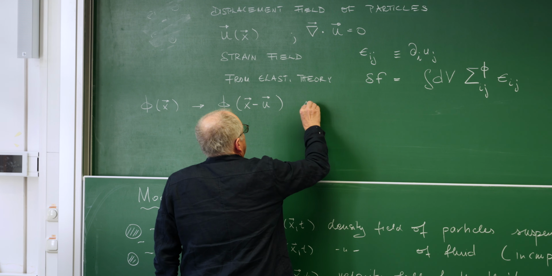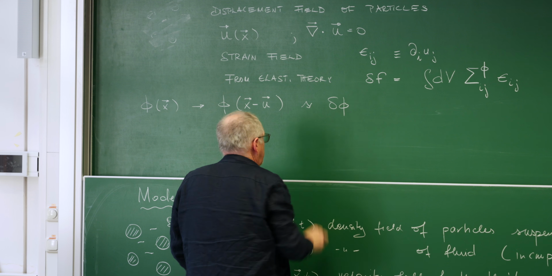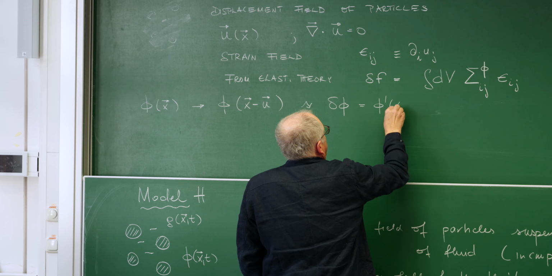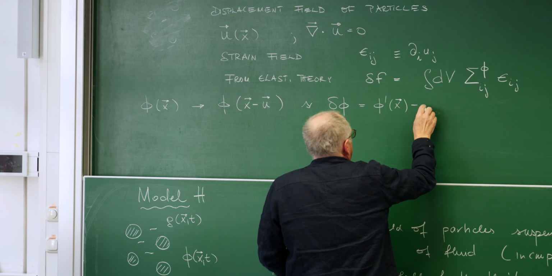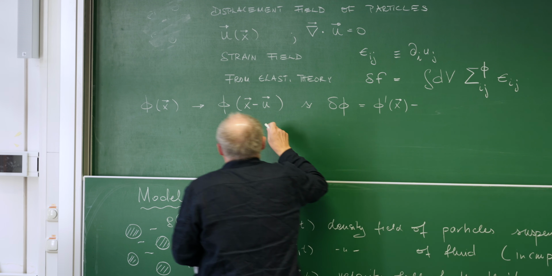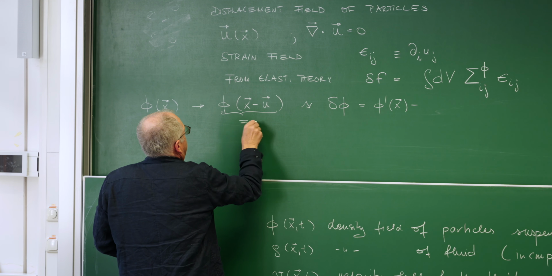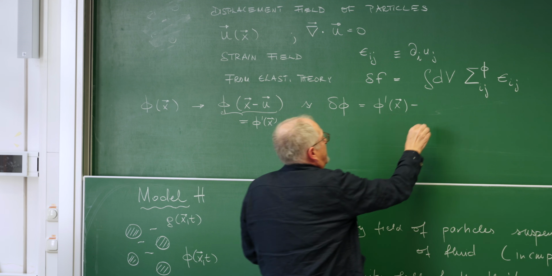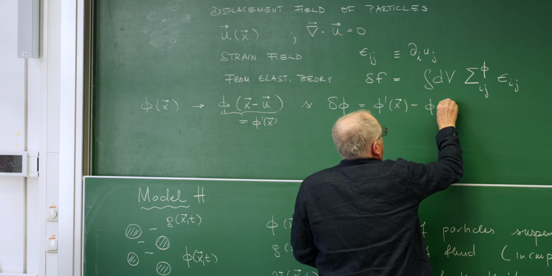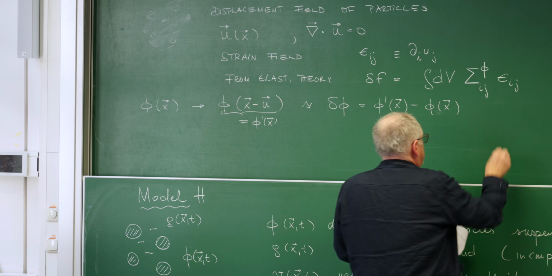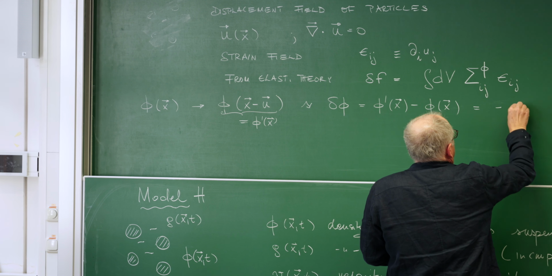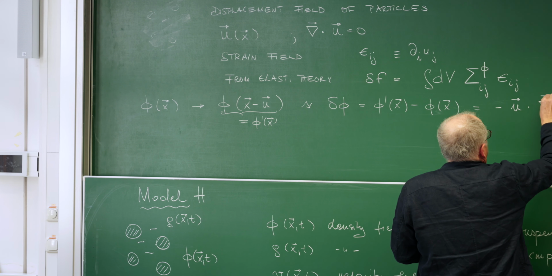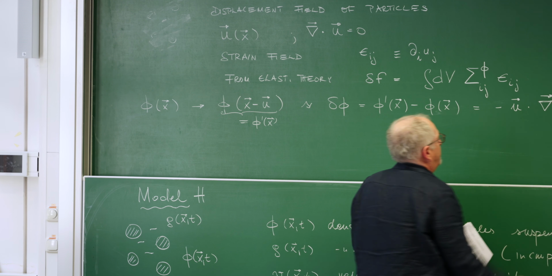So to that order, to linear order, we will have phi prime of x, which is this here, minus phi of x. And this is minus u times the gradient of phi.